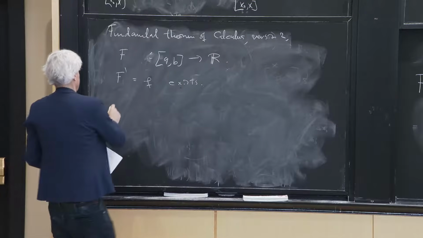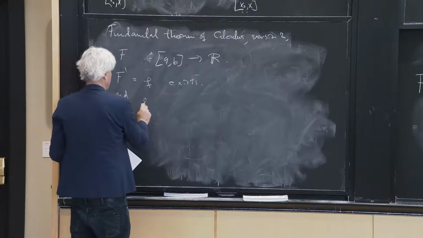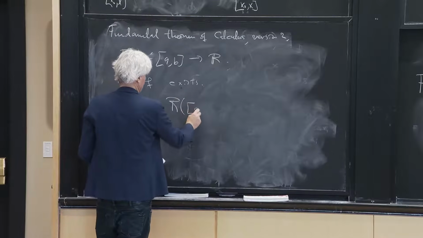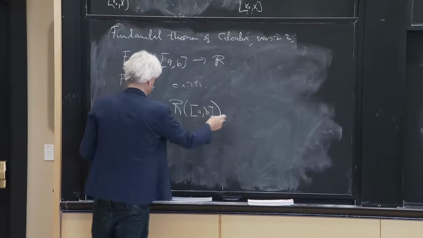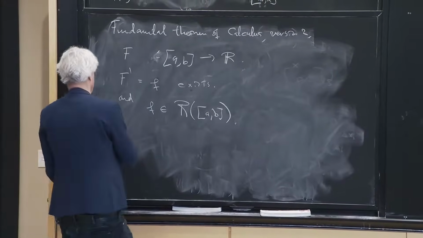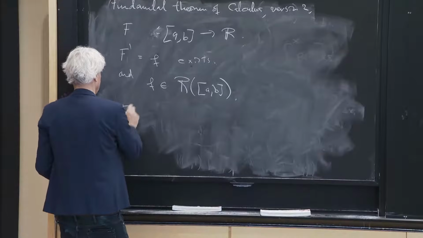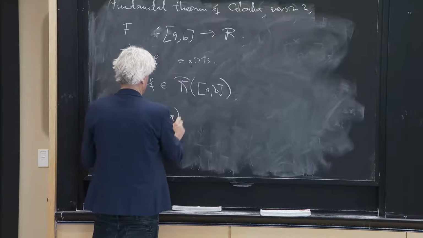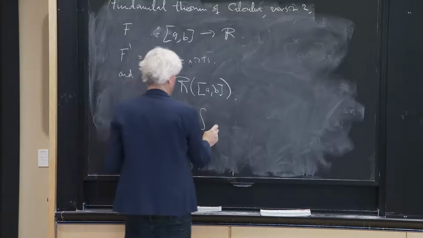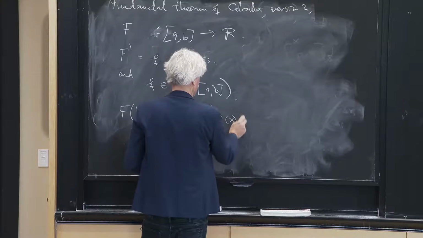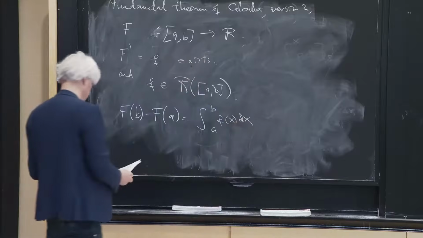And little f here is Riemann integrable. And then the claim is that F of b minus capital F at a is the integral from a to b of little f of x dx. Okay, so that's the claim.